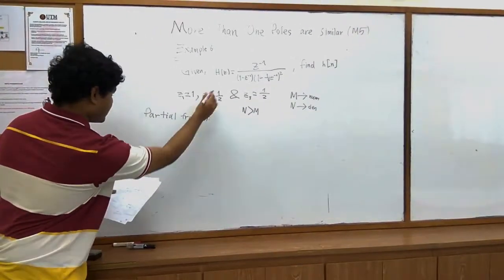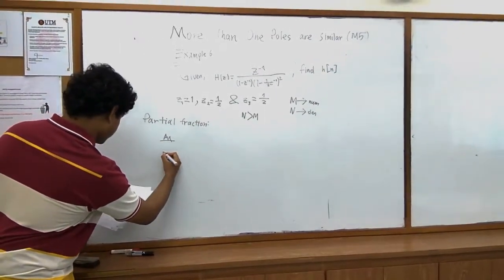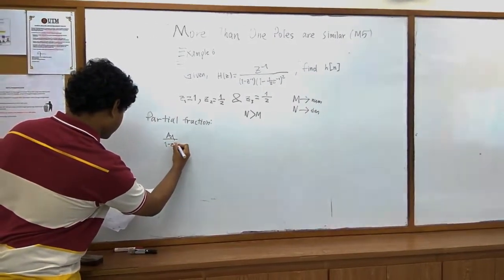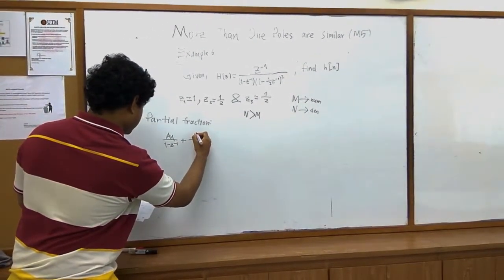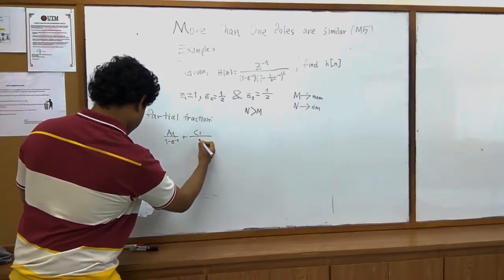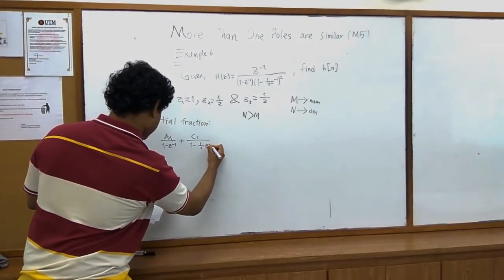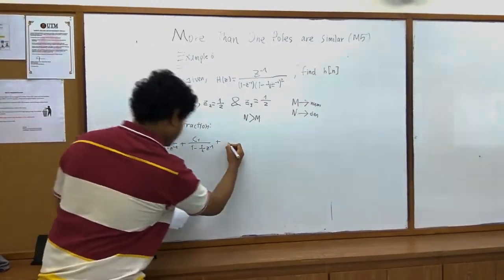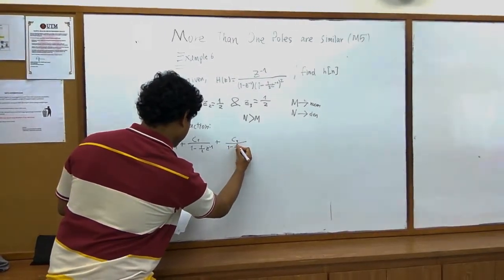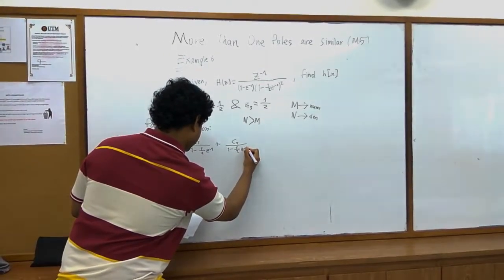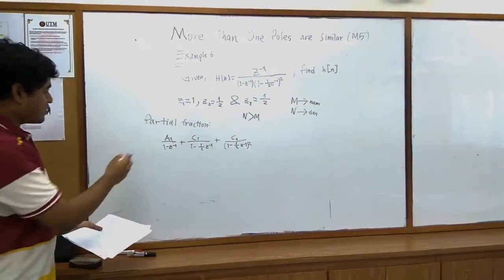This function in partial fraction form will be A1 over 1 minus z to the power of minus 1, plus C1 over 1 minus 1 over 2 z to the power of minus 1, plus C2 over 1 minus 1 over 2 z to the power of minus 1, squared.